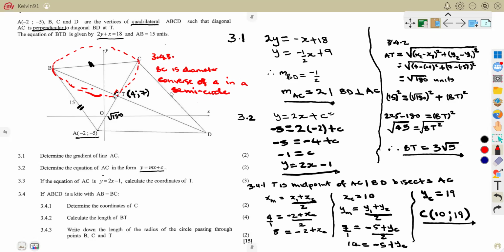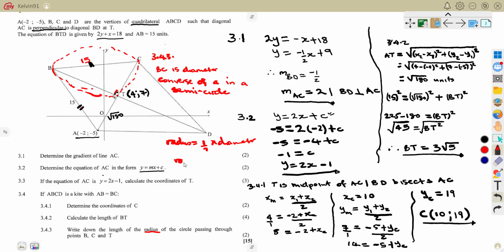So if BC is the diameter, the question wants you to calculate the radius. To calculate the radius, we know radius is half of the diameter. The radius is equal to half of the diameter. And here our diameter, since you are given that this side is equal to this side, so our diameter, which is BC, is 15.